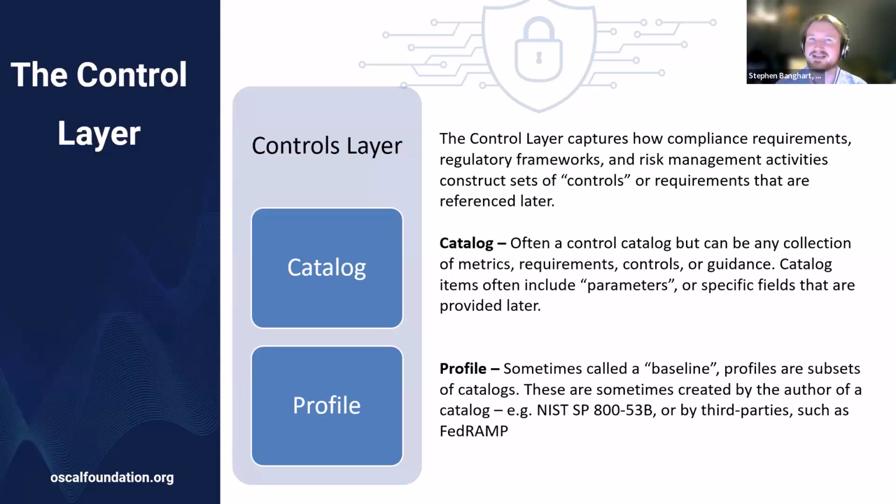They are some collection of controls and often collections of parameters that change or modify a catalog. For example, you can think of the FedRAMP low, moderate, and high being a profile of NIST SP 800-53, which is a core catalog. I'm going to go into more details into exactly what those relationships mean, and more importantly, how those relationships are expressed in OSCAL.